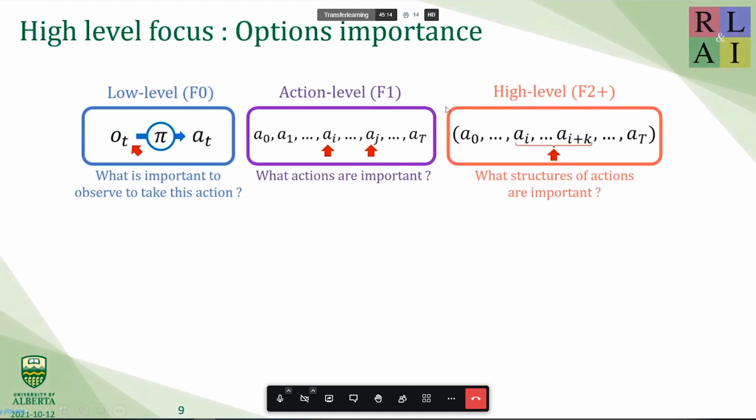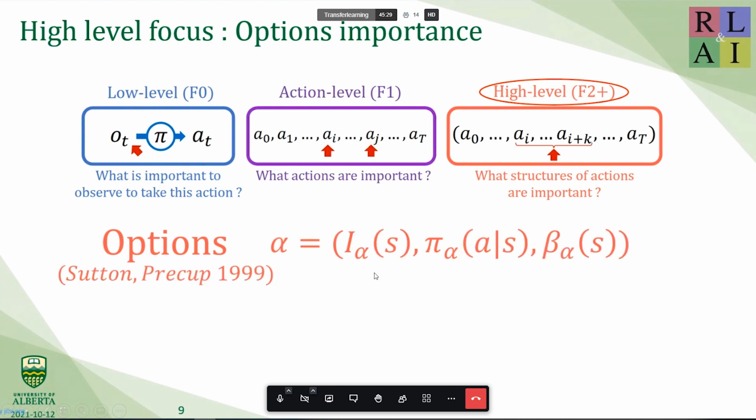That's why in this work I focused on trying to quantify options importance. What are options? Options are a structure of actions. You can think of them as a little behavior. You have the math here if you are interested, but just listen to this. Options are just skills. For example, if you go fishing, you will use the option fishing.